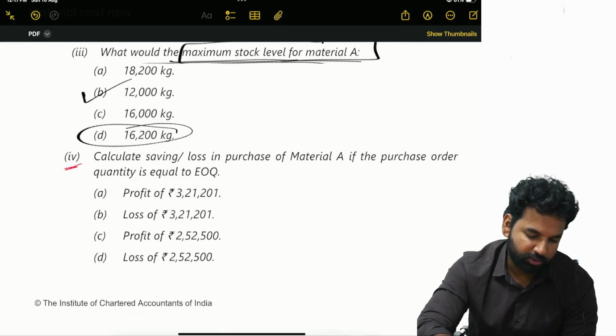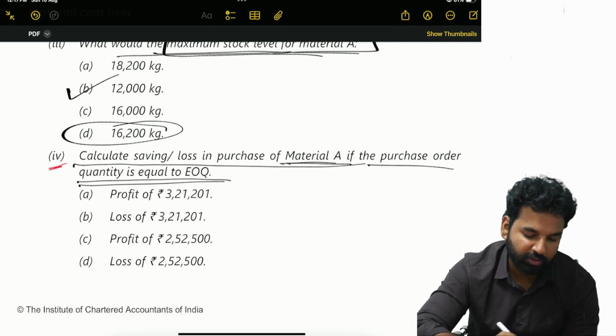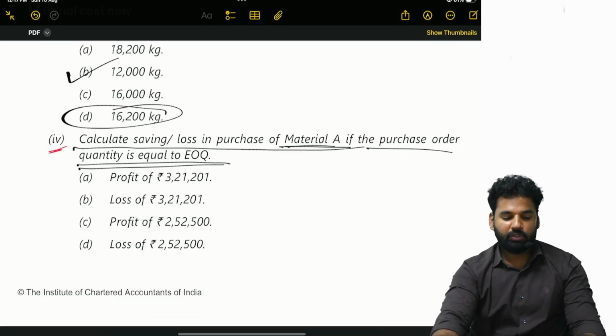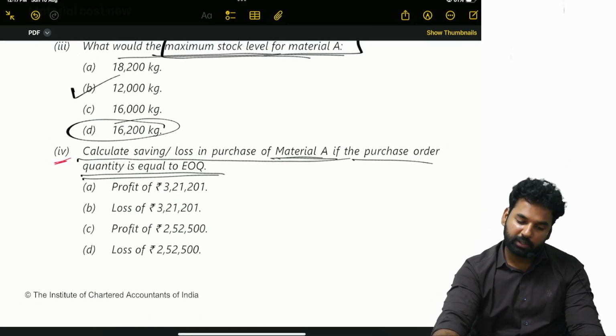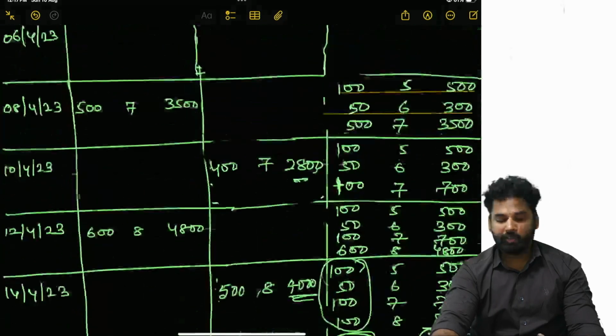Now the fourth question is, calculate the saving or loss in purchase of material A if purchase order quantity is equal to EOQ. So now what are they doing? 15,000 units they are placing. Correct?